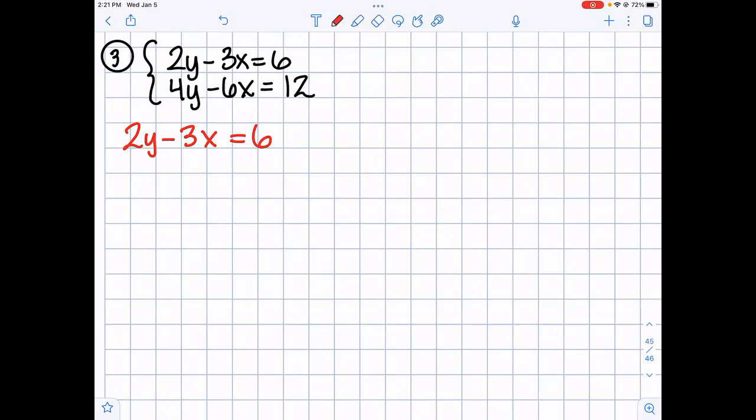Careful. Add the 3x, because we want to leave the y on that side. We want it to be y equals, so we're always going to leave the y alone. Okay, that's gone. 2y equals 3x plus 6, because it was the positive 6. I need it to be y equals. How do I get rid of the 2? Divide.